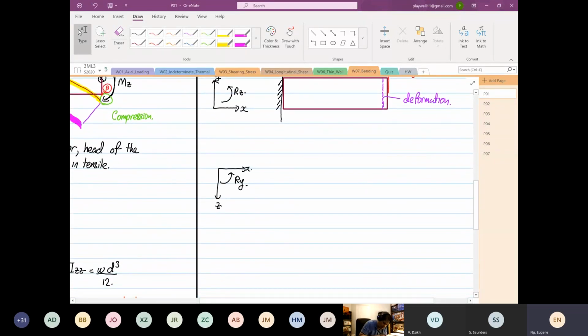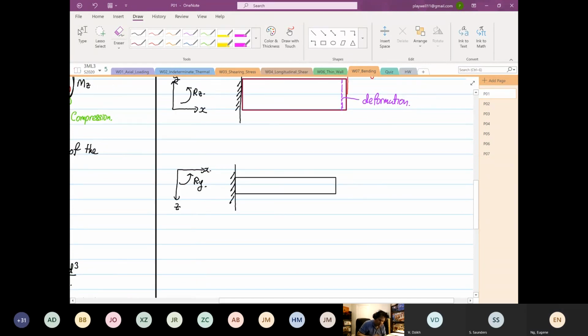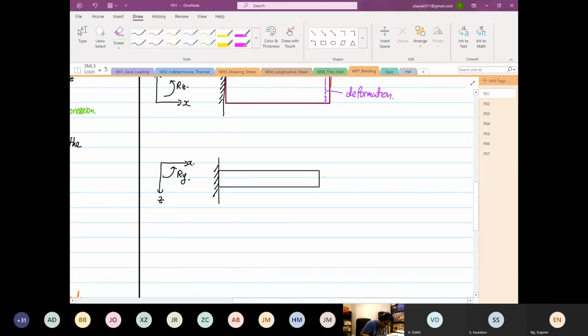Okay, so now if we view it from here now, all right, so it's thinner. So now this is a dot, and this is going to rotate this way.